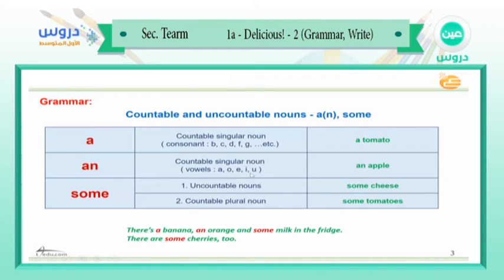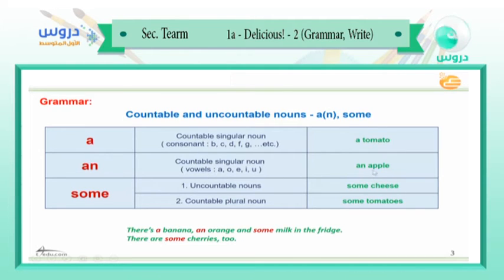But those 5 are vowels. Only these 5. We know that English has 26 letters, okay? 5 of them are vowels, A, O, E, I, U. 21 letters are consonants.